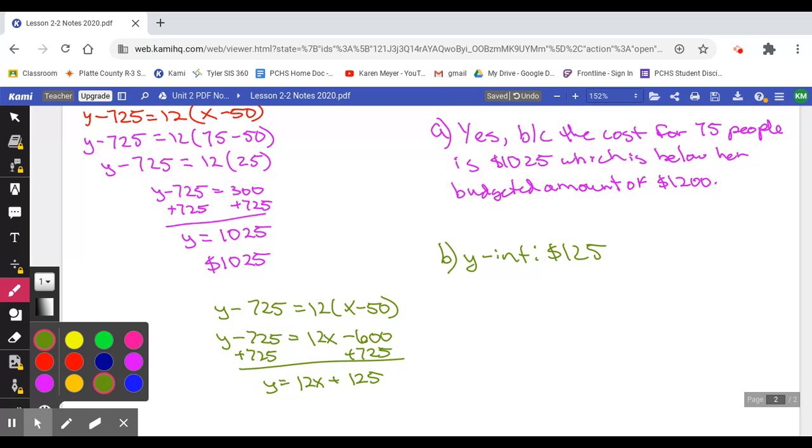Remember back in the word problem, it says the price of the party includes the cost of a room rental and the cost of a meal. Well, the cost of the meal is the $12. That's your slope. So that means the y-intercept has to be the cost of the room rental. So it takes $125 for the room rental. And you're done.